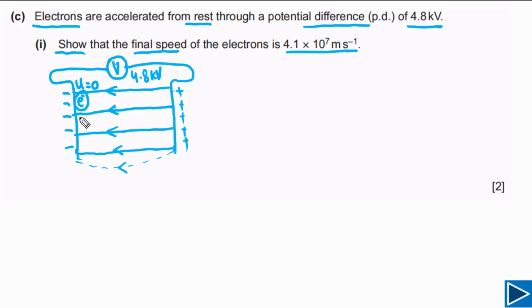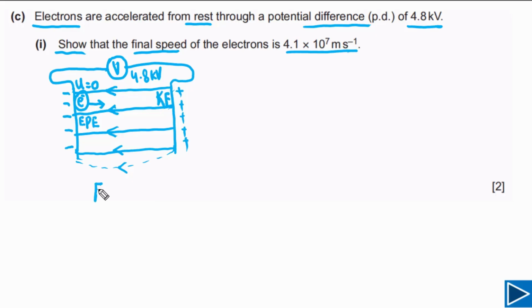So when the electron is at this point, the energy it has is electrical potential energy. But now if we let this electron go, it will accelerate to the positive plate because there is an attractive force acting on it. When it reaches the positive plate, its electrical potential energy will be converted into kinetic energy. Now we simply need to equate these 2 energies.